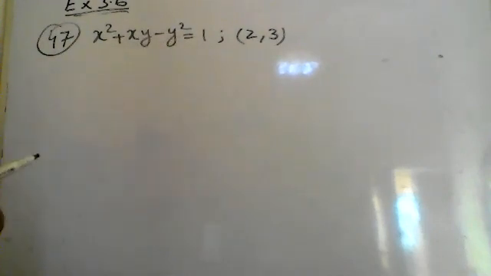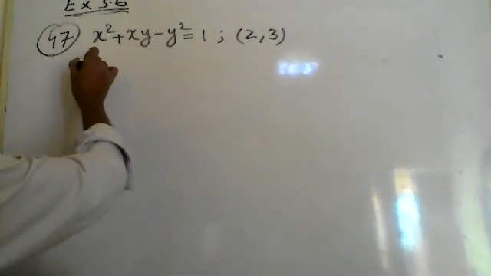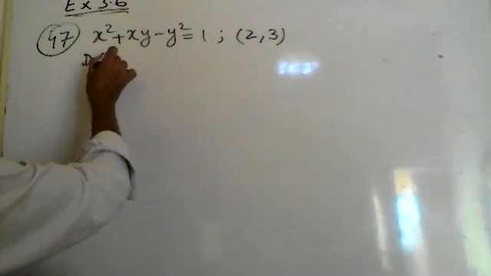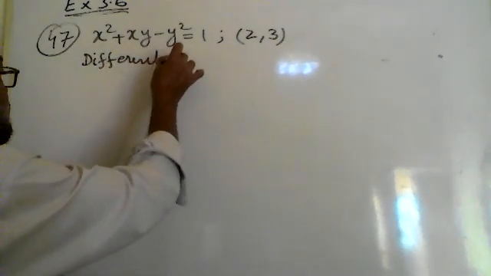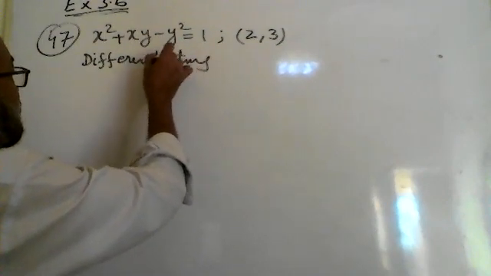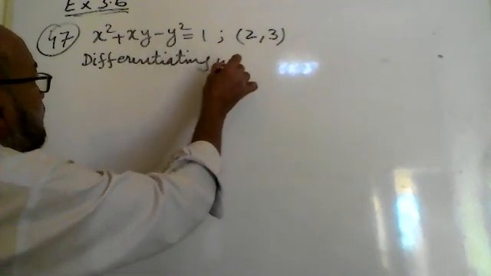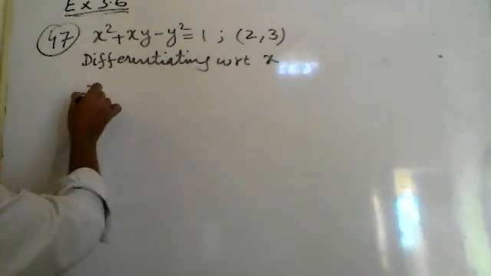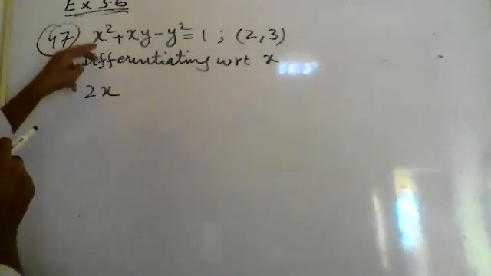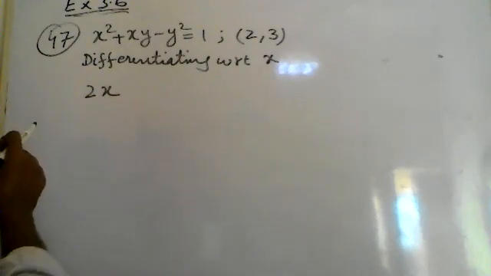So first of all, we'll differentiate with respect to x. Derivative of x square is 2x, dx upon dx we do not write.